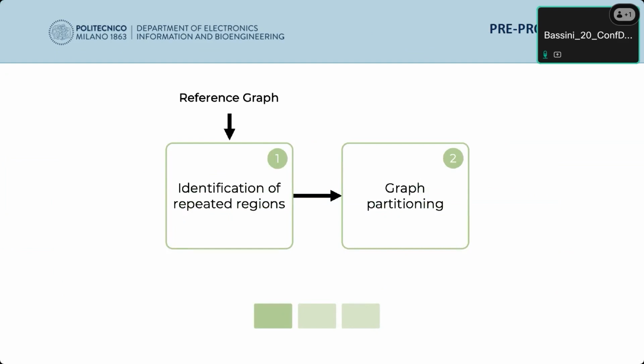Then, since we are talking about very, very large data when we talk about genomic data, the input graph can be very, very big. For this reason, I introduced a graph partitioning step to break the original large graphs into smaller partitions with specific characteristics, so more linear areas and highly branched areas.